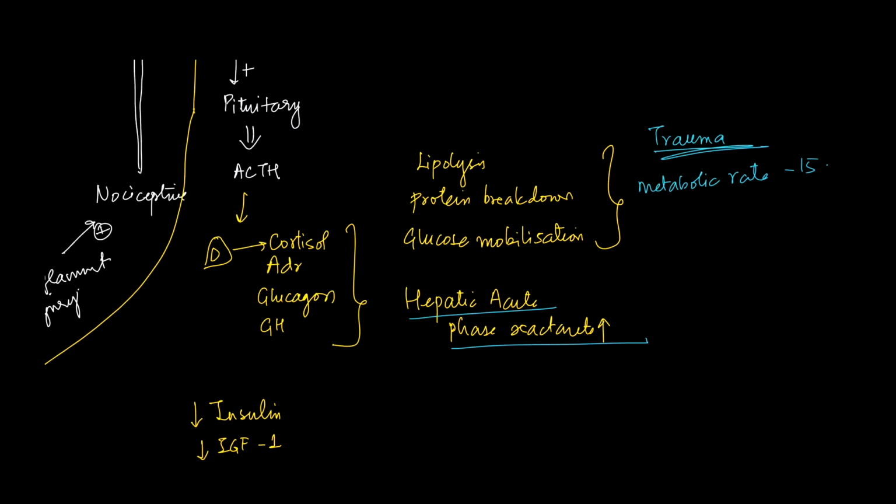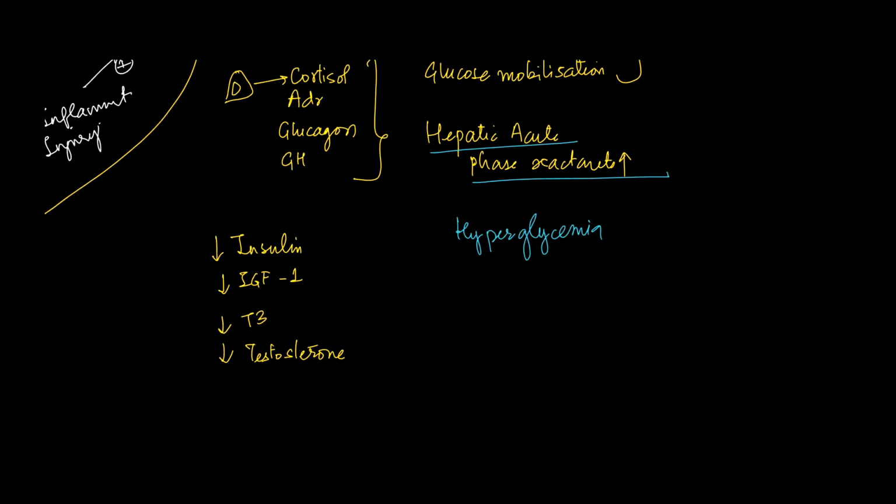And finally, coming on to hyperglycemia, which occurs as a result of, one, the increase in glucose mobilization, two, the initial reduction in insulin. Following the initial reduction, the insulin does start to rise. However, there is a peripheral insulin resistance which is encountered, and it depends upon the degree of this catabolic response and the duration of the catabolic response.